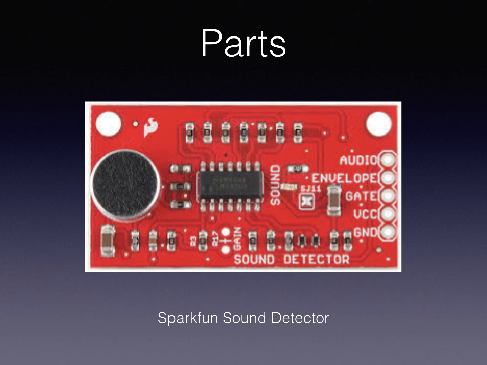So I knew that I could use that envelope pin very easily to get the information that I wanted from the music, and then output that directly onto the LEDs. And so that was the microphone that I ended up using.